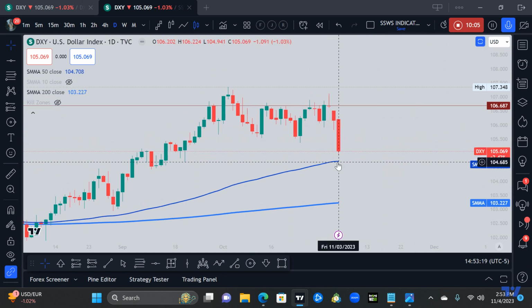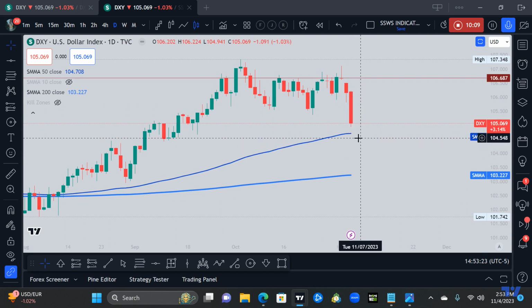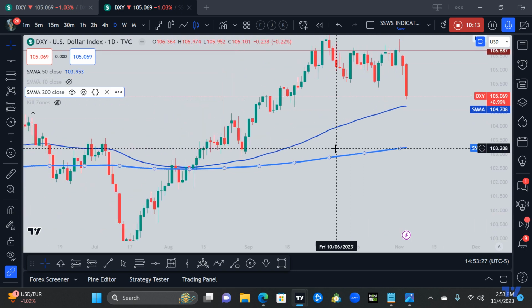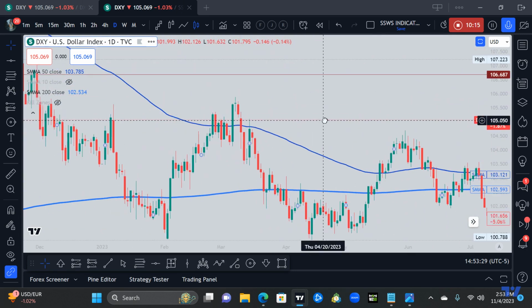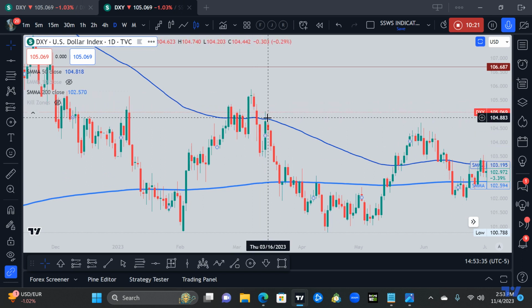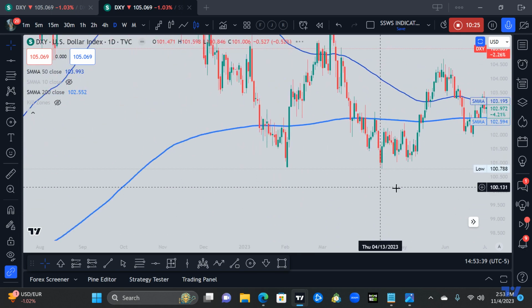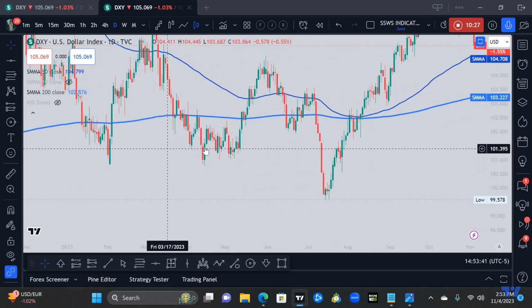And you can see we can come down to this 50 and reject, or we can break through it, break and retest back up to this 50 SMA and come down to the 200. Just like this example, buyers got exhausted, kind of a gap here, but we shot down, came back up, retested the 50, shot down to the 200 and retested these levels.